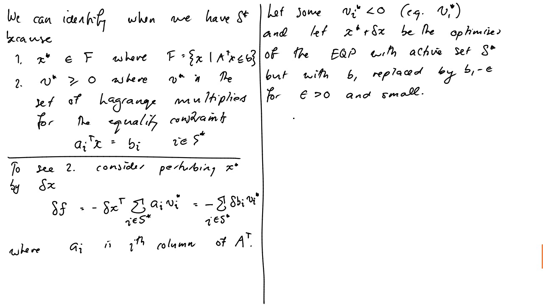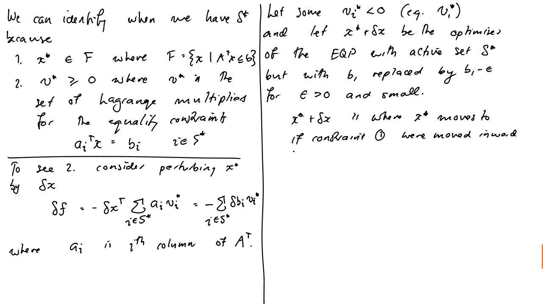Okay, so x star plus delta x is where x star moves to if constraint 1 were moved inward into our feasible region slightly.